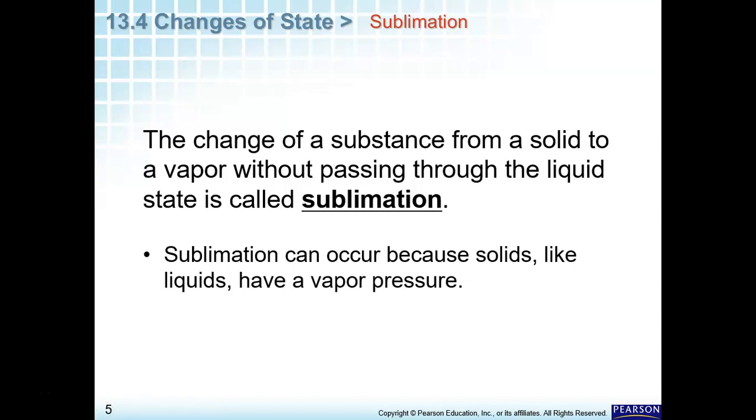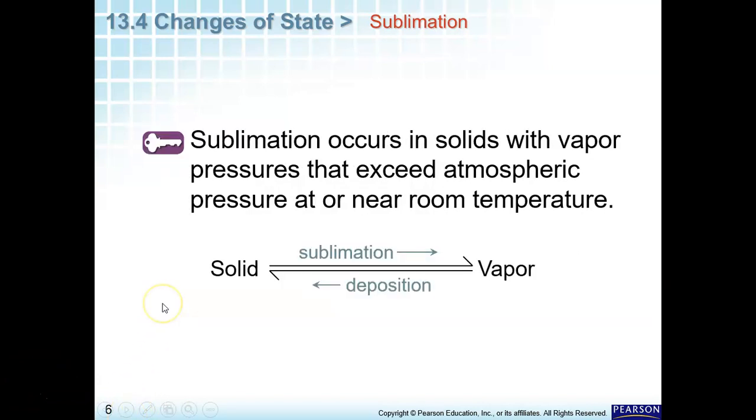So some substances, basically when they're ready to change state, when that vapor pressure is overcome, instead of going to liquid, they're going to go to the gas state. So this basically happens when vapor pressure exceeds atmospheric pressure at or near room temperature.